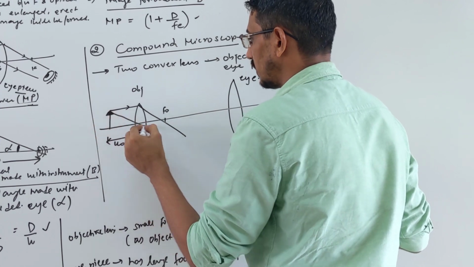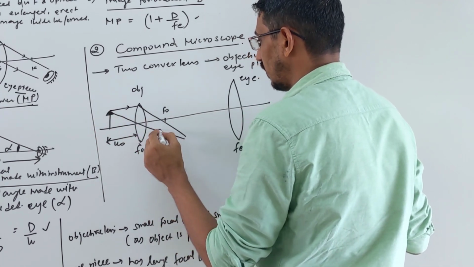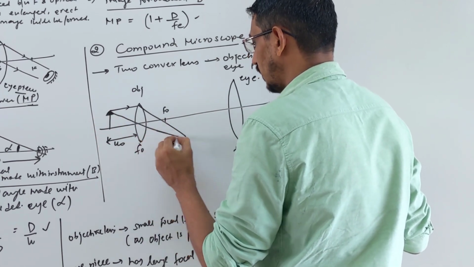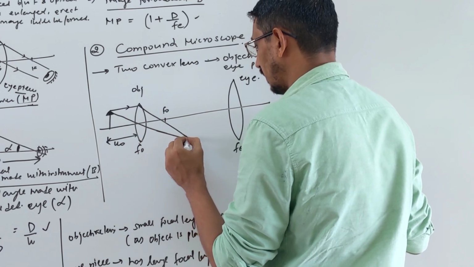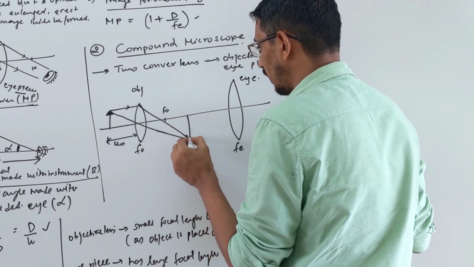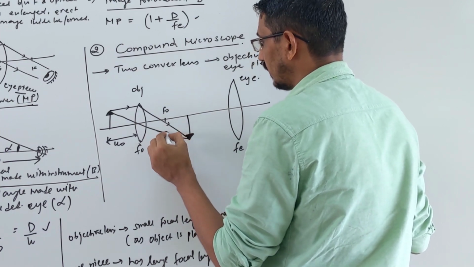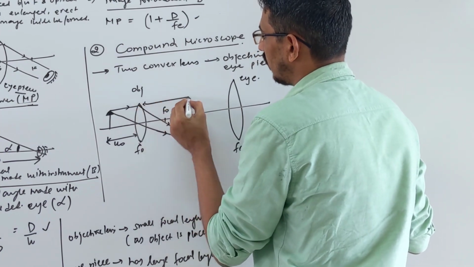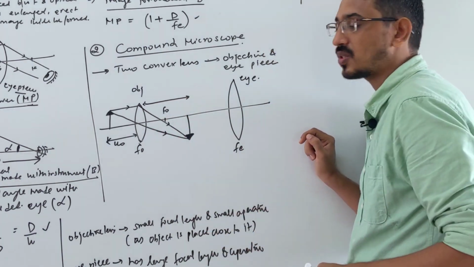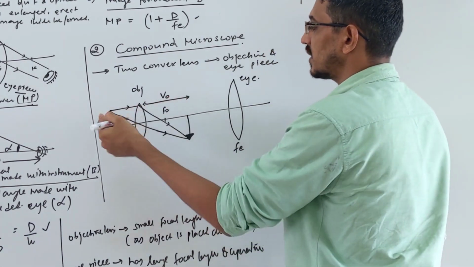One ray passing through the optical center will go straight. These two rays will meet somewhere here, and an image will be formed here. That distance is called the image distance, v naught, for the objective lens.